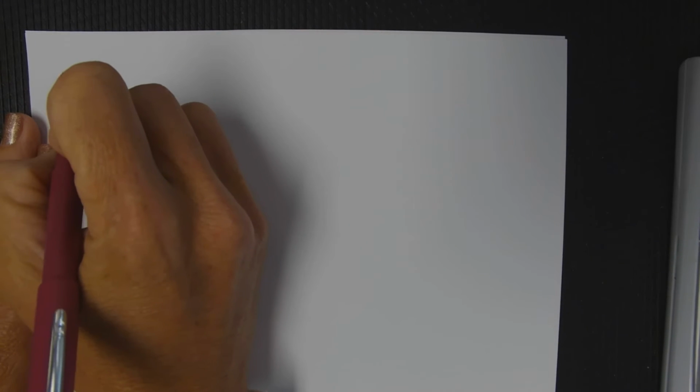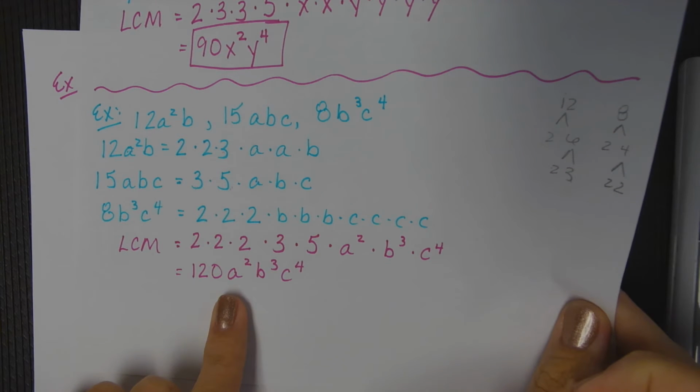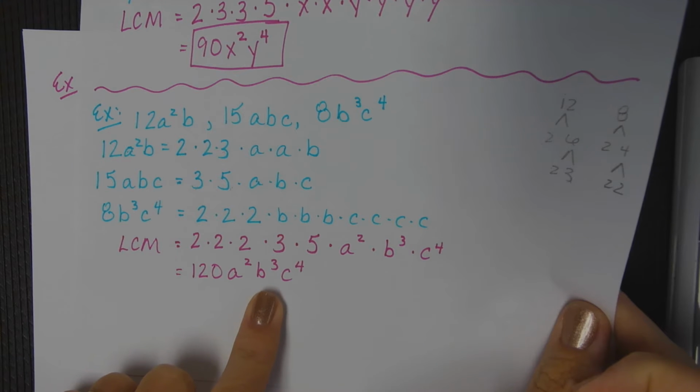All right, let's do one more least common multiple, a different kind of problem. Let's remember factoring. Okay, don't forget. Y'all ready? Oh wait, what's the answer in the second example? Right here. 120 a squared b to the third c to the fourth.